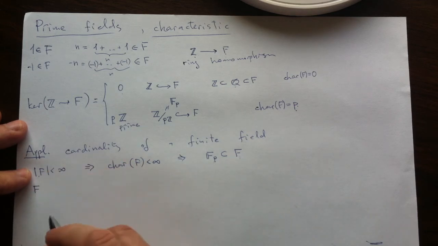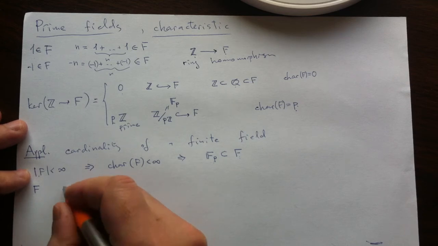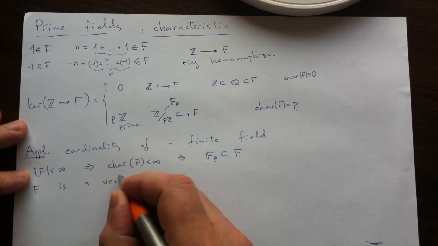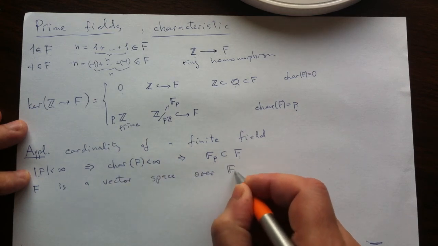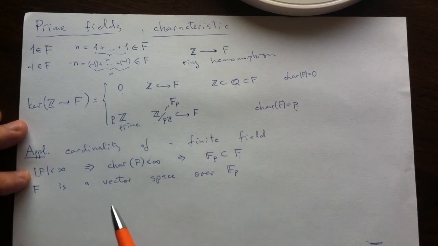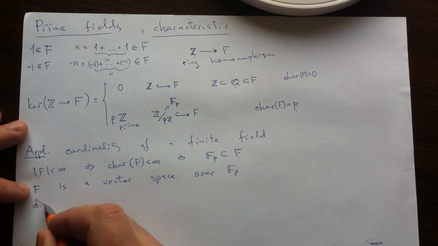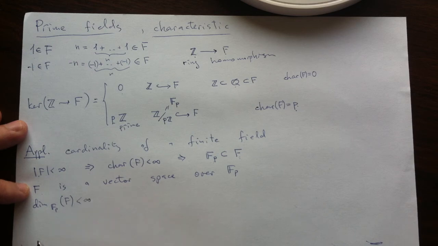So F, our input field, is a vector space over the field of P elements. The measure of size of vector spaces, dimension, has to be finite. The dimension of this field has to be finite, because if it is not, then we'll have an infinite number of linearly independent vectors, and that will contradict the condition that there is only a finite number of elements at all, dependent or independent.